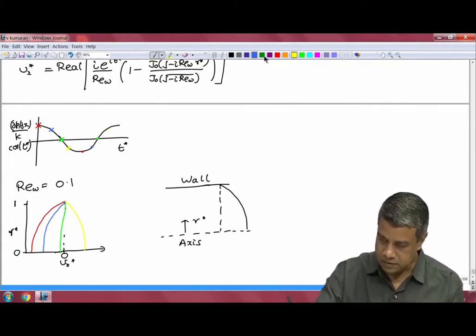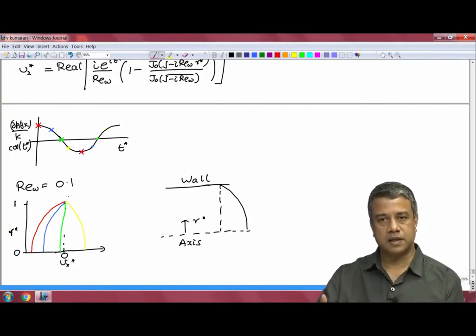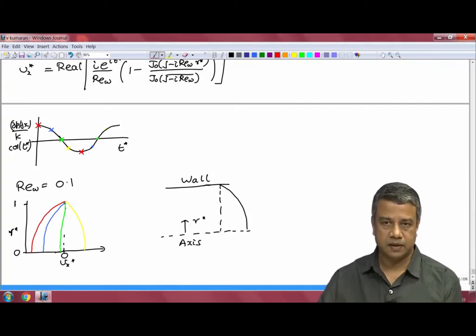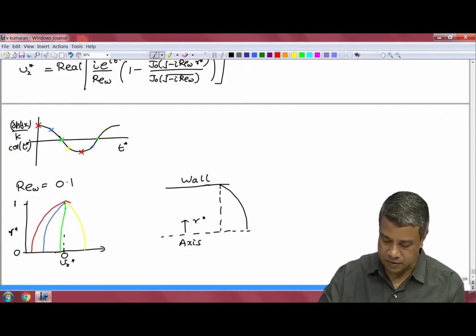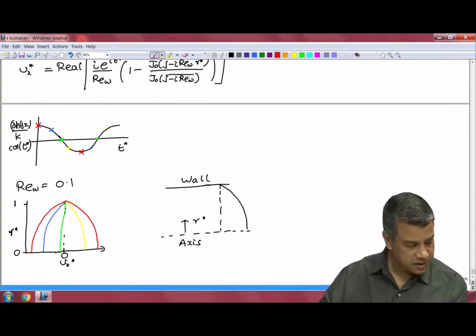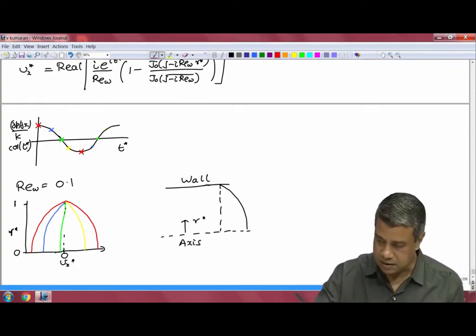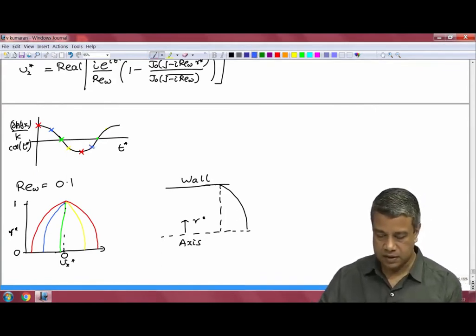Then when it goes to the other maximum, when the pressure gradient has a minimum, that means that the pressure decreases downstream, and the flow velocity will have the maximum positive value. And then it will once again decrease on the other side of the cycle.